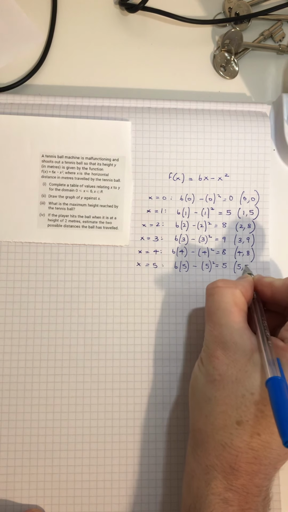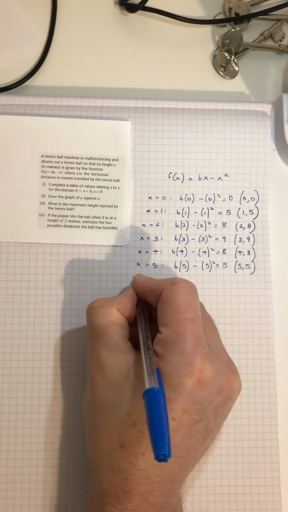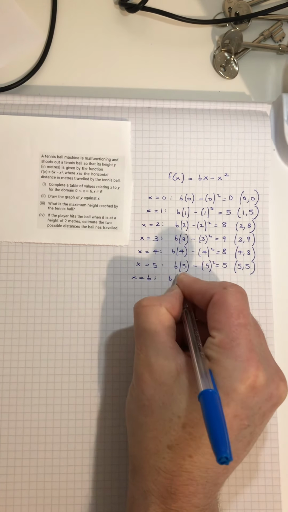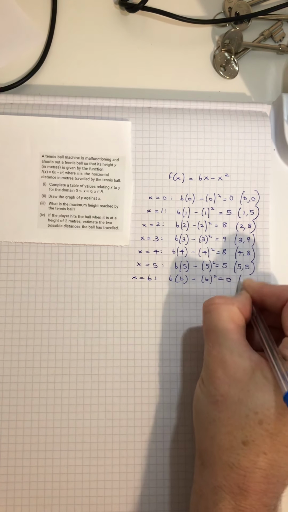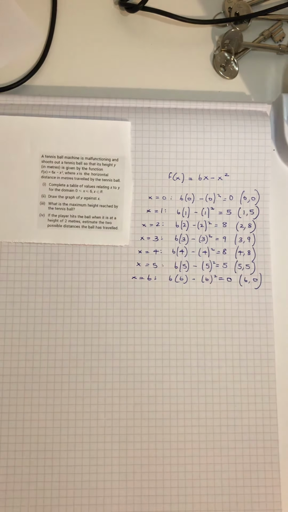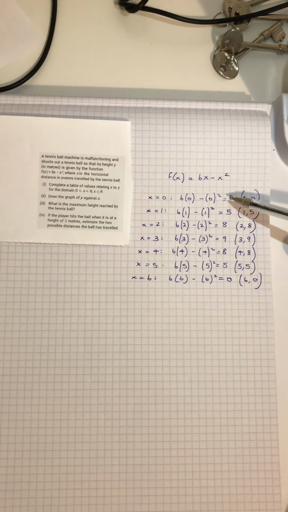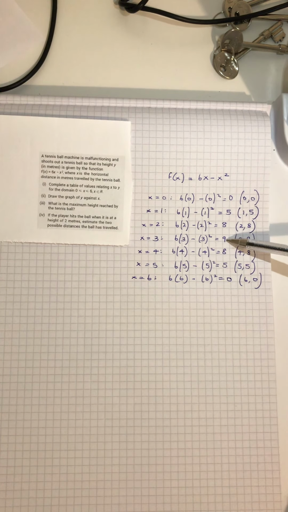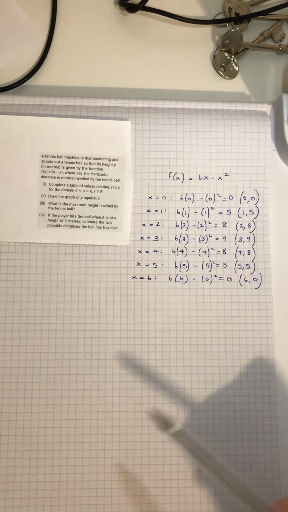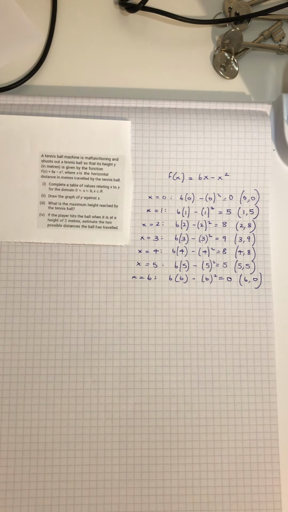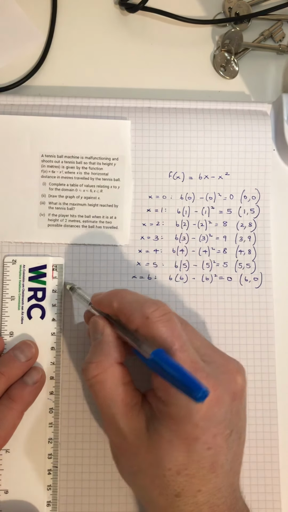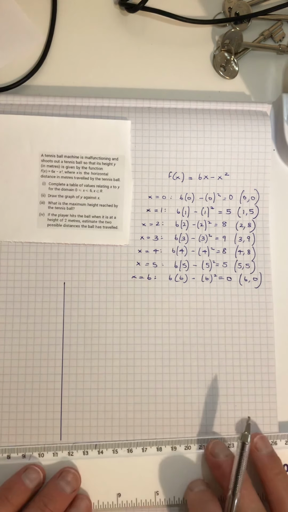And finally, when x is 6, 6 times 6 minus in brackets 6 squared gives you 0. So the graph goes 0, 5, 8, up to 9 and back down to 0. So it's a ball thrown up in the air, and now we're going to draw the graph. So the graph goes across from 0 to 6.